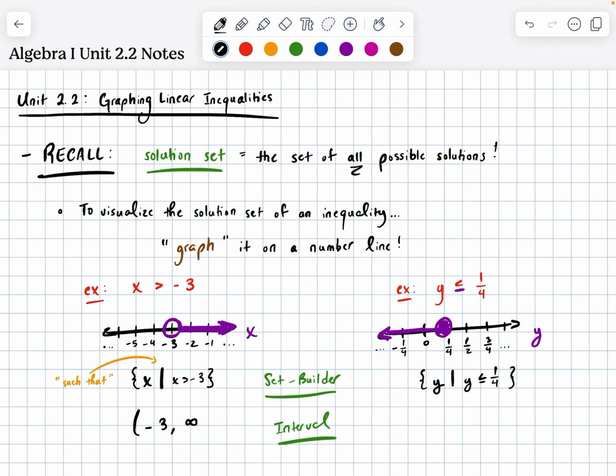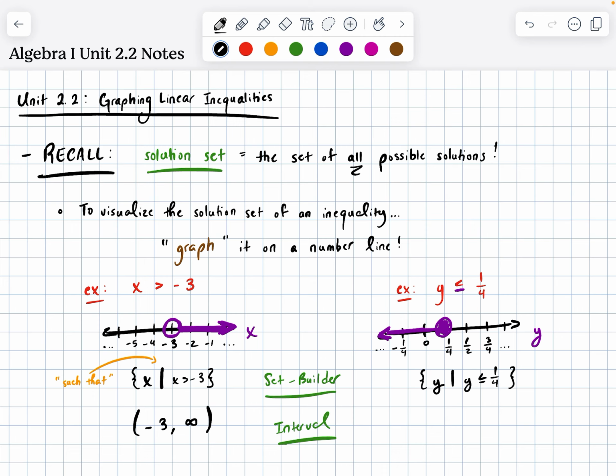Well, infinity, you might remember, is not actually a number. It's a concept. It's an idea. Because it's not a number, it can't actually be in the solution set. I can't plug in infinity. So because it's an idea, it will never be included. It will always get a parentheses, a bit of a cheat code for you.